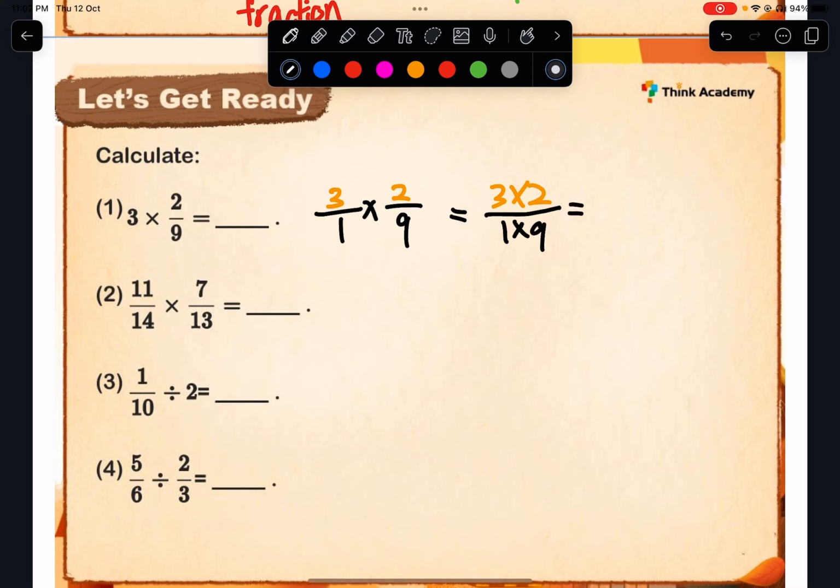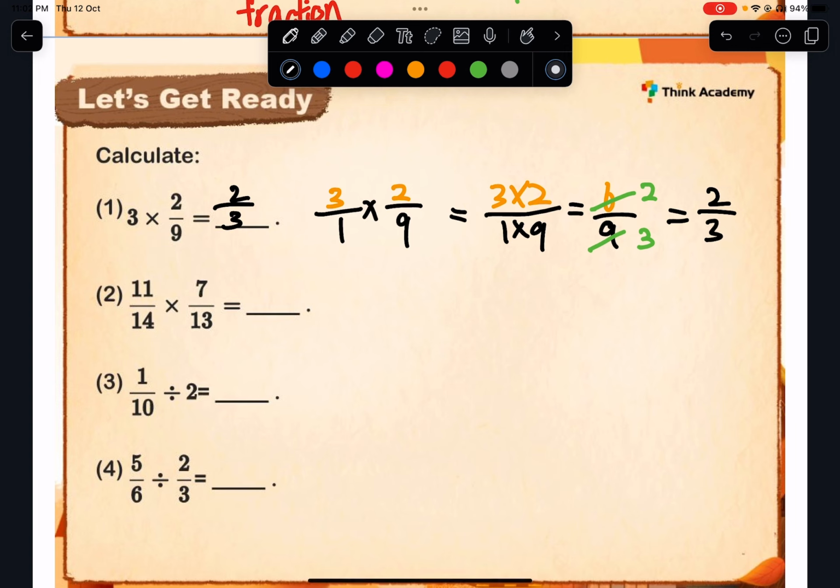So 3 times 2 equals 6. 1 times 9 equals 9. So it is 6 out of 9. And 6 and 9 have common factors, so we can try to simplify it. 6 divided by 3 is 2. 9 divided by 3 is 3. So we have 2 out of 3.